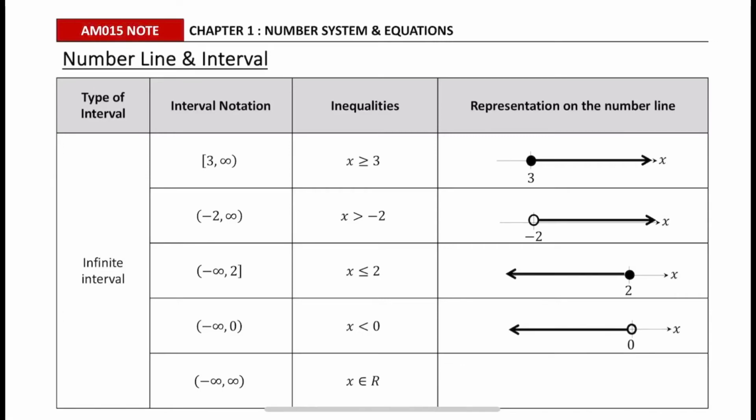So the line has an empty circle at 0. And the last one is the interval -∞ to infinity. In this case, the inequality form is written as x is an element of real numbers. This means that it is a set of all real numbers. The line representation is an arrow line extending to both sides.